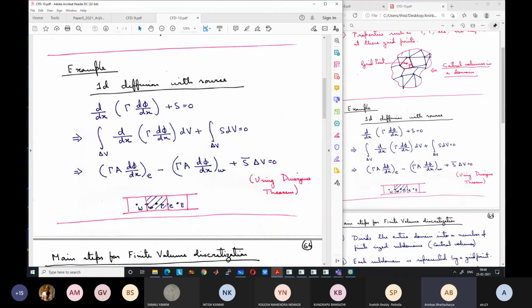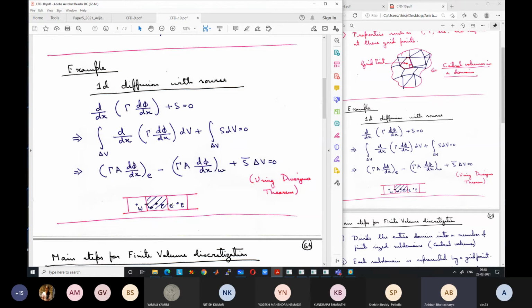Once you can assume that, you can find out the derivative value in terms of the grid point values. So d phi dx at east will then be equal to the temperature at capital E minus the temperature at capital P divided by the distance between capital P and capital E. So how will we find it?